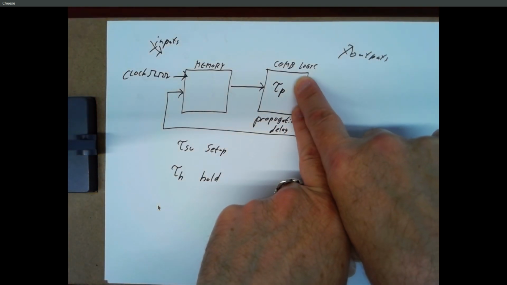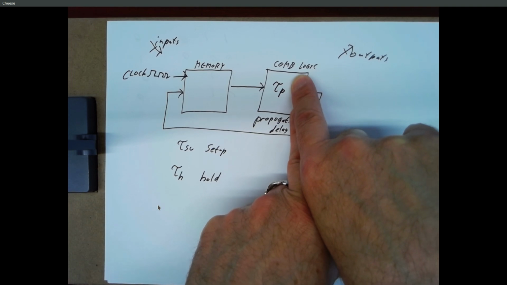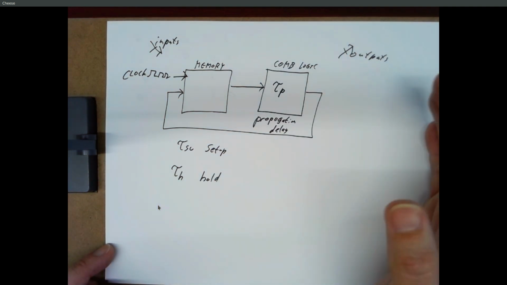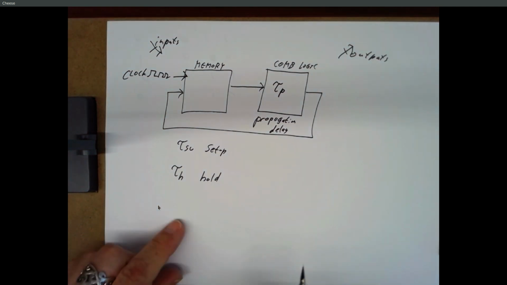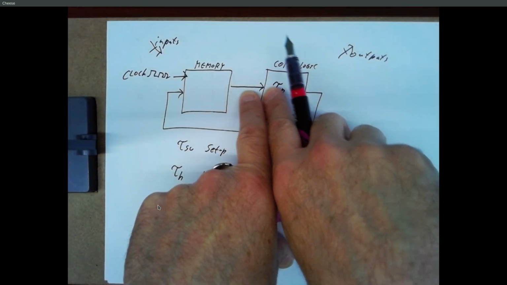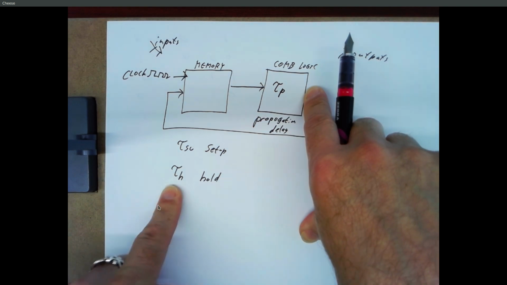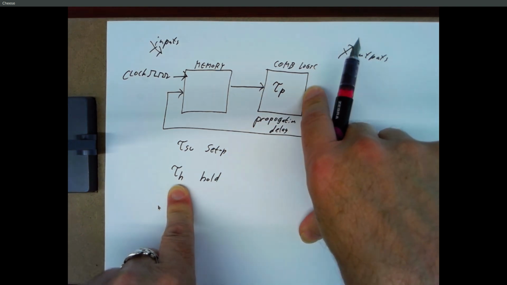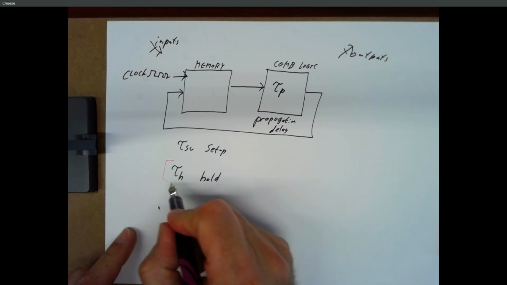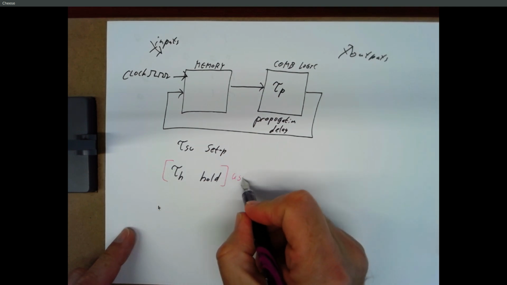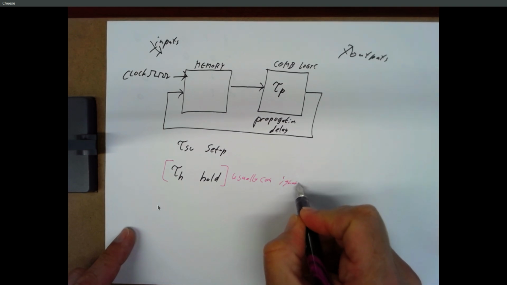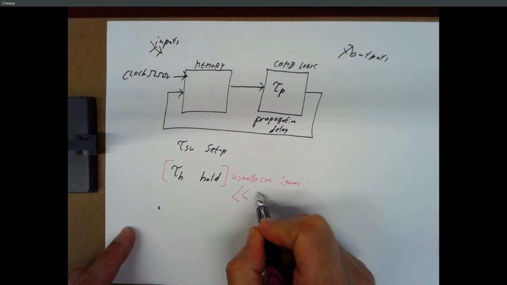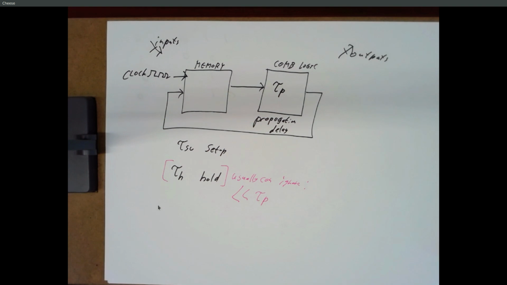Propagation delay over here is usually a lot longer than that. If you've got 5 levels of logic, it's 5 times the propagation delay of one gate. So usually by the time that our inputs have propagated through to the outputs, we're way past the hold time. So usually we can ignore this, because it's much less than the propagation delay time.